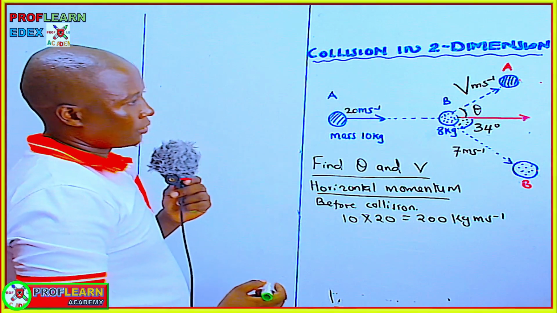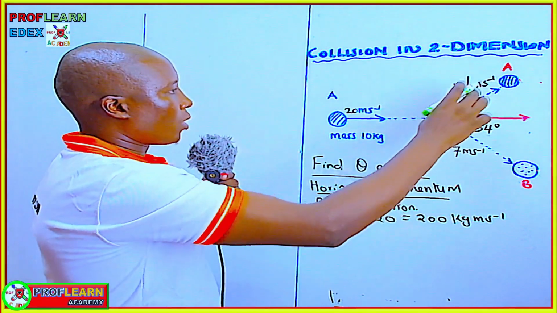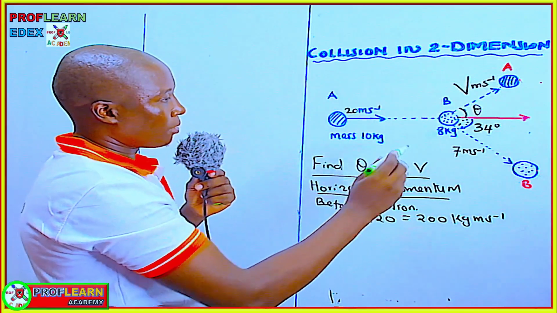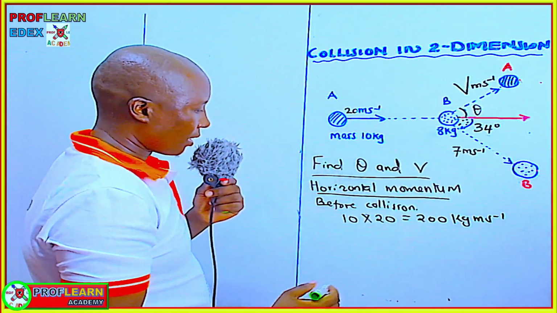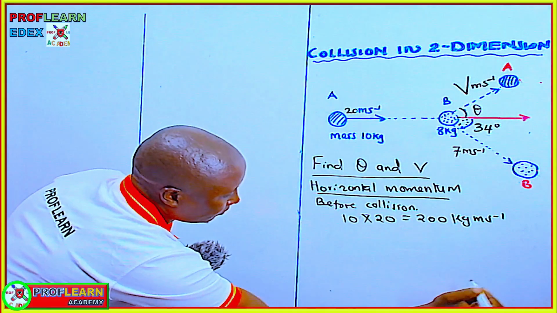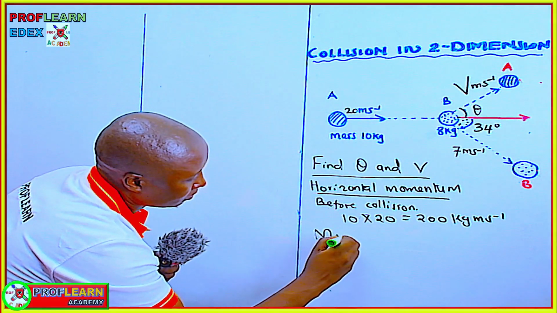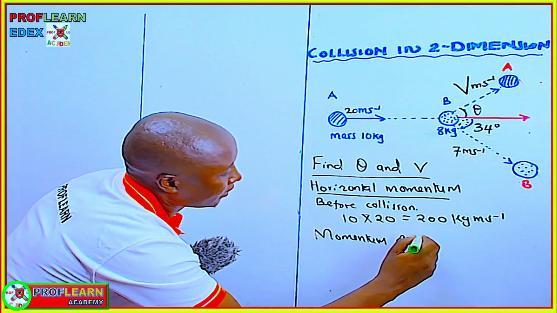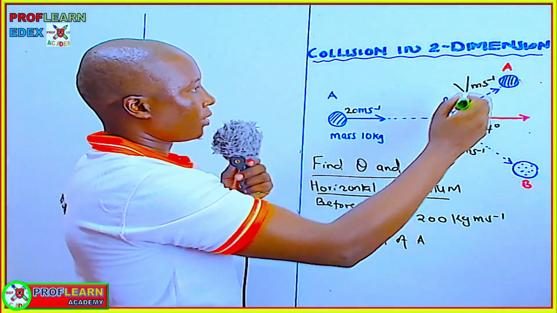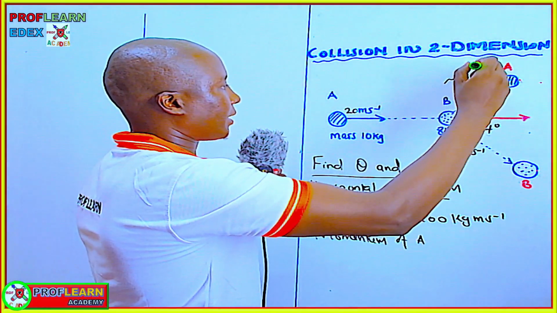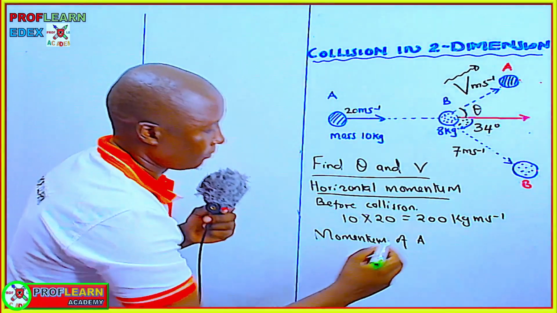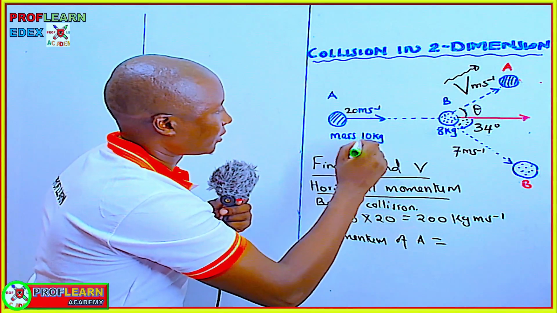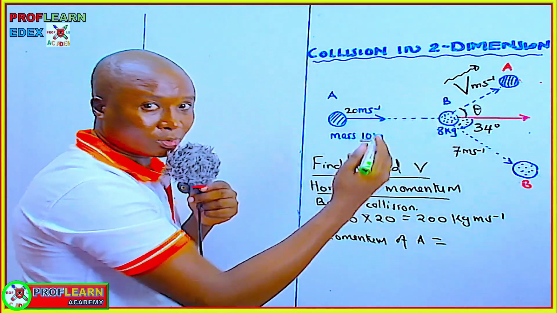Then after working on that, we are going to work out the momentum of this object in that direction, and also we shall work out the momentum of this object in this particular direction. So momentum of A, because after collision A moved in that particular direction, the momentum of A is going to be equal to the mass of A, which is 10 kg, times the velocity at which it will be moving.